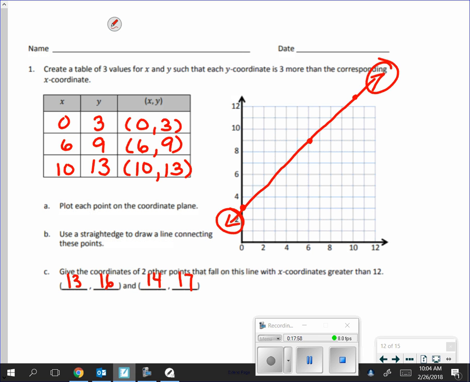Otherwise, you would not have coordinates with 2 other points that fall on the line with x coordinates greater than 12. This would not be possible if you did not have the arrows. If you just have point, point, the other points would not be possible. It's a line, not a segment. So you have to remember to put your arrows on there.